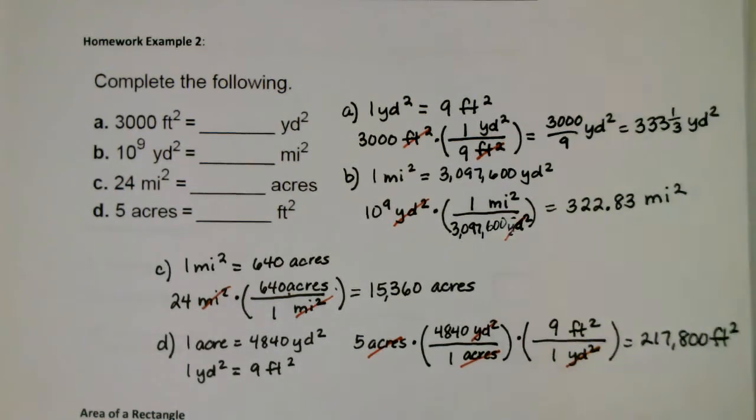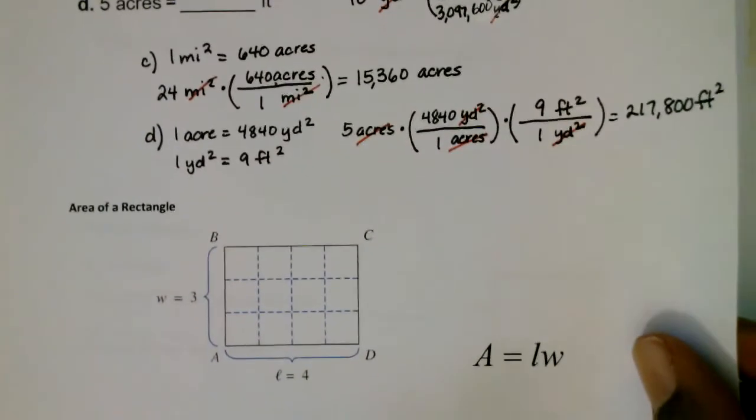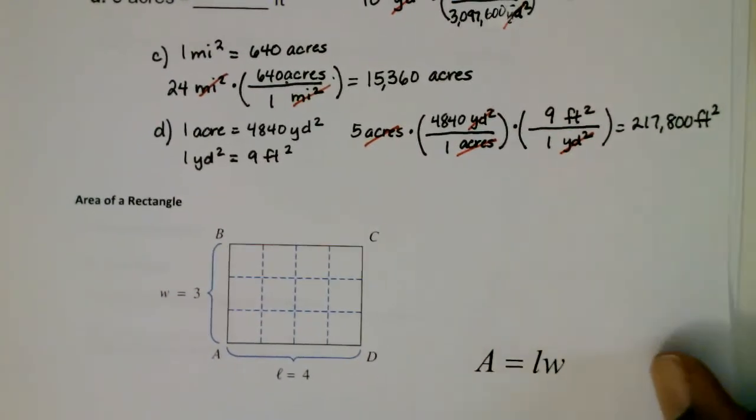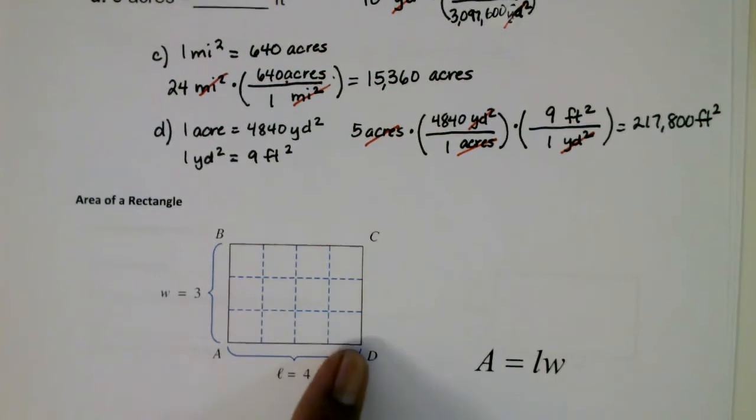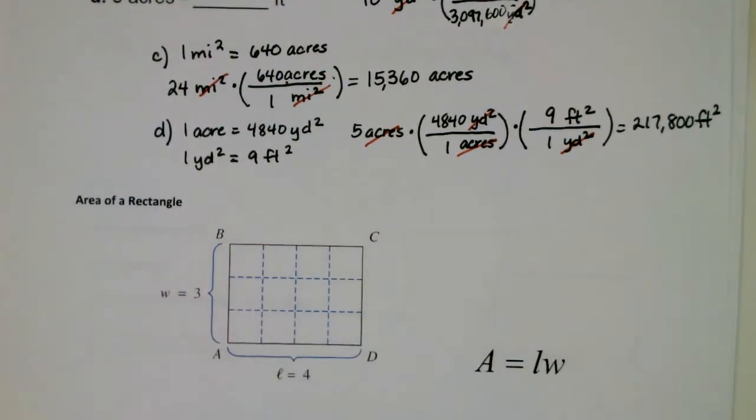All right, next we're going to look at area, and we're going to look at the area of a rectangle. We'll start off with that. Here, this is just an illustration where the area of any rectangle will be the length multiplied by the width. So if I have a rectangle ABCD with a length of 4 and a width of 3, all we do is multiply the length and the width together.